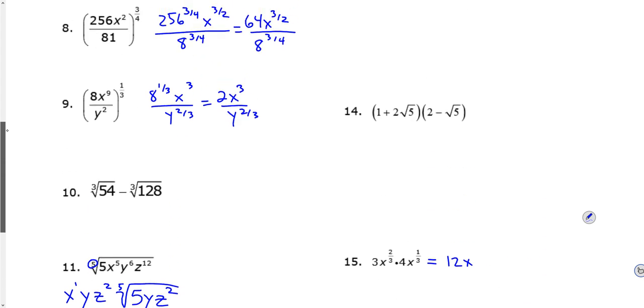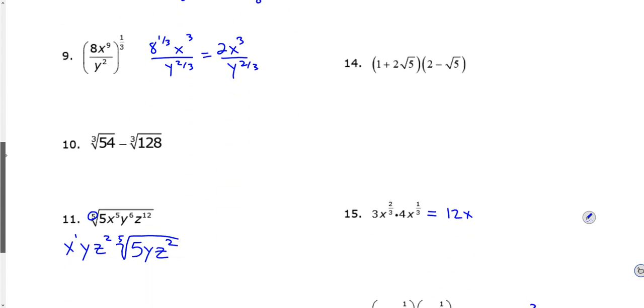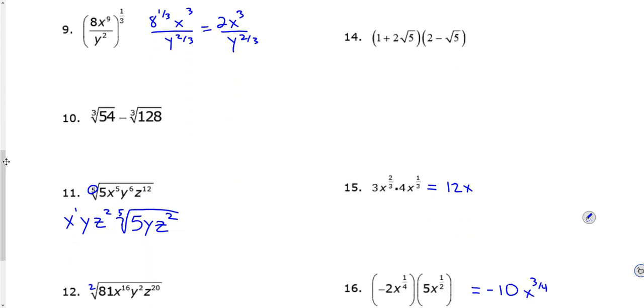Now we have some adding here. If we're going to add, the radicals have to match, so we're going to break this down. This is 27 times 2, and for that cube root, 27 is 3 times 3 times 3. So the first one gives me 3 cube root of 2.